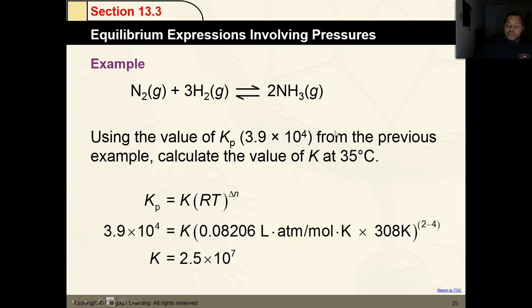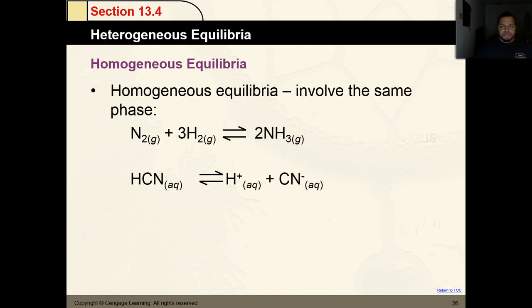We found 308 Kelvin here, because 35 plus 273 equals 308 as far as our Kelvin. Then we plugged in our values here to solve and find that the actual equilibrium constant based on concentration is going to be 2.5 times 10 to the 7. Now, we'll do a couple more practice with this in class, so don't fear on it.